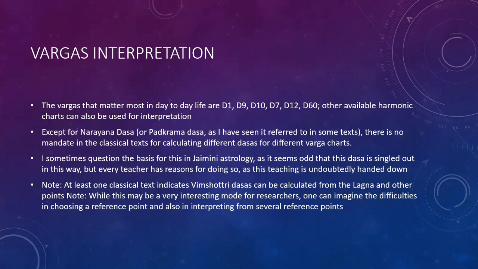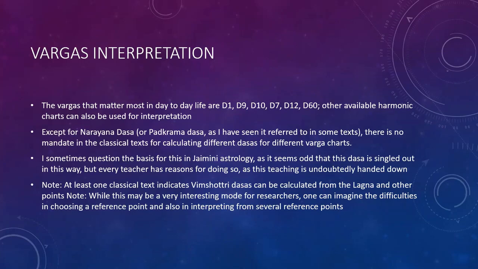The D60 I like to look at as the obstacles we have to overcome in a chart, essentially the things in life which are difficult for us or easier for us.